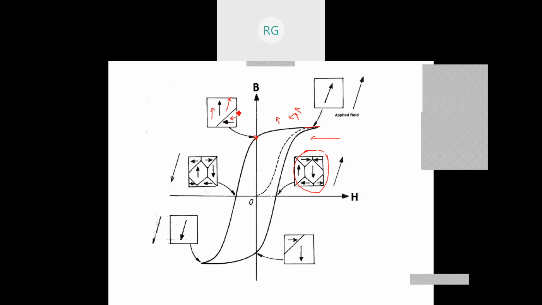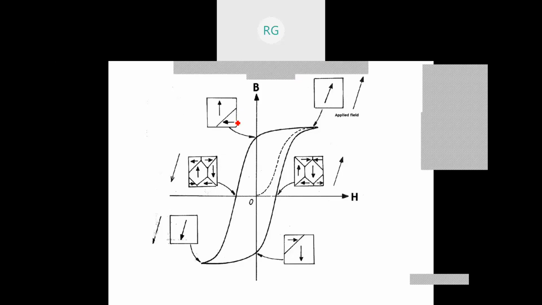Therefore, the majority of the sample is having magnetization in some specific direction, and only a few regions are in the opposite direction. Therefore, this is the majority compared to this, and the net magnetization is not zero. Therefore, the substance retains some magnetism in it, which is called residual magnetism, and it is called retentivity.